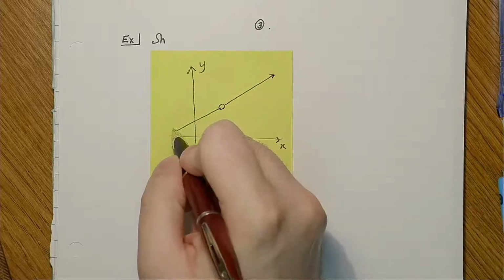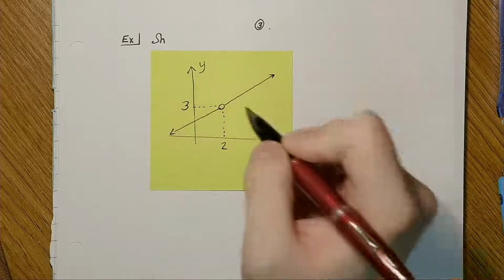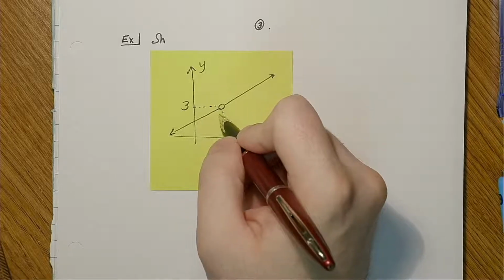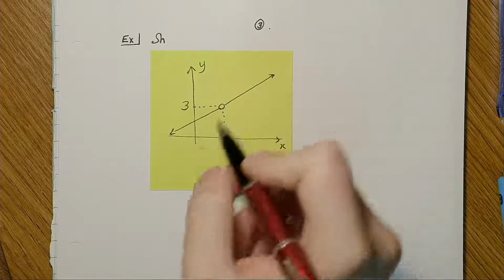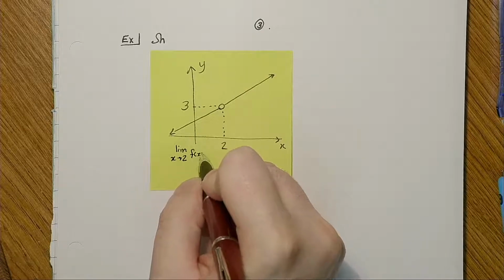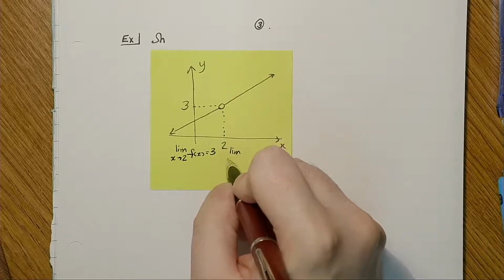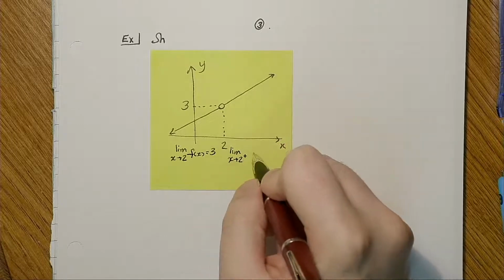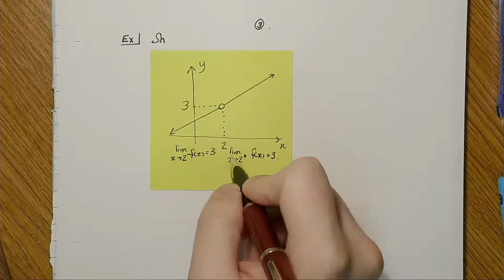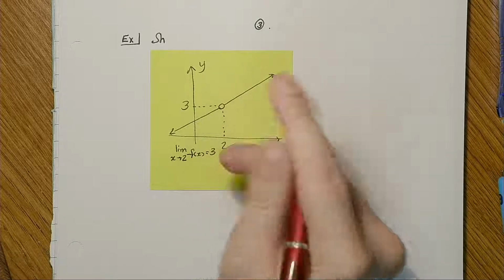Let's say this is 2 and this is 3. In this case, I have a hole here. The limit as x goes to 2 from the left-hand side is equal to 3. And the limit as x goes to 2 from the right-hand side is equal to 3. So these both are equal. So yes, the limit is 3, even though the function does not exist at that point.